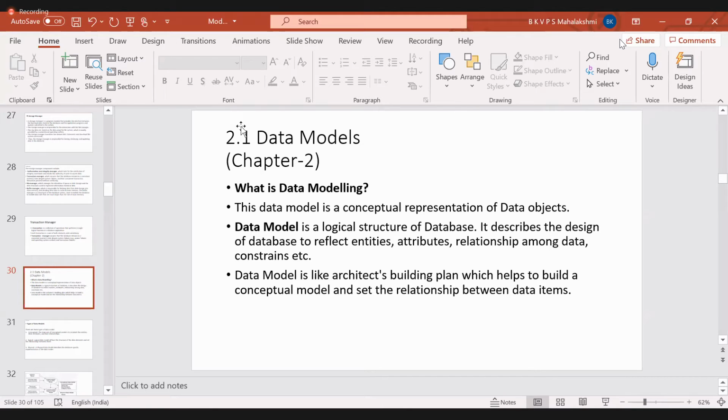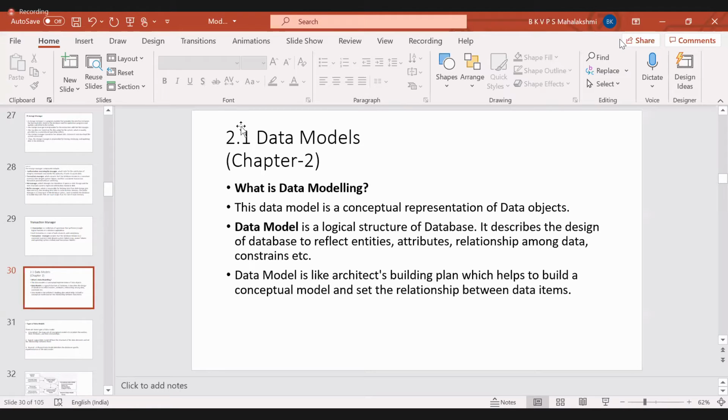It is nothing but conceptual representation, the logical representation between the data objects. Here the object is nothing but the entity. What is an entity? It is nothing but a real world object. Is the student a real world object or not?